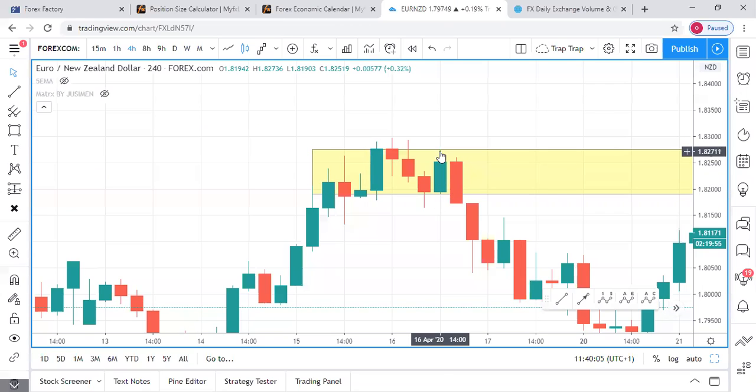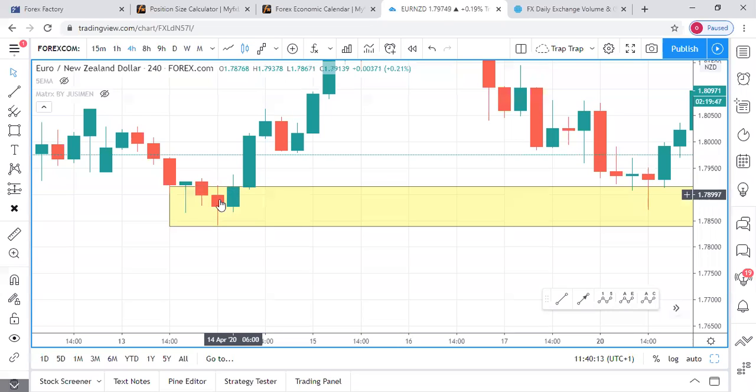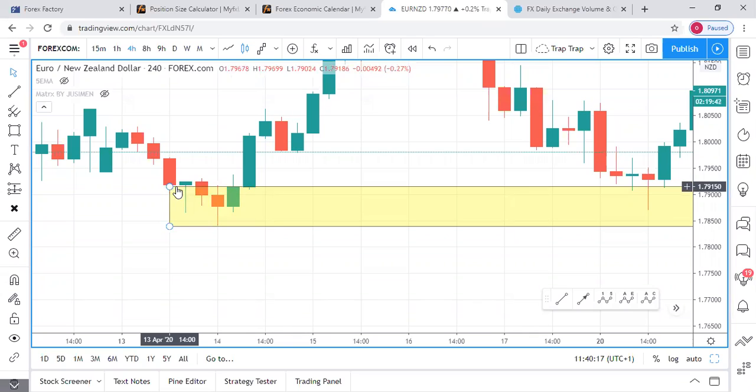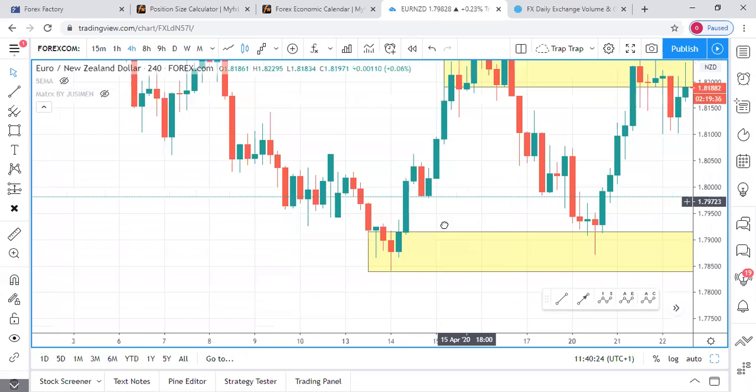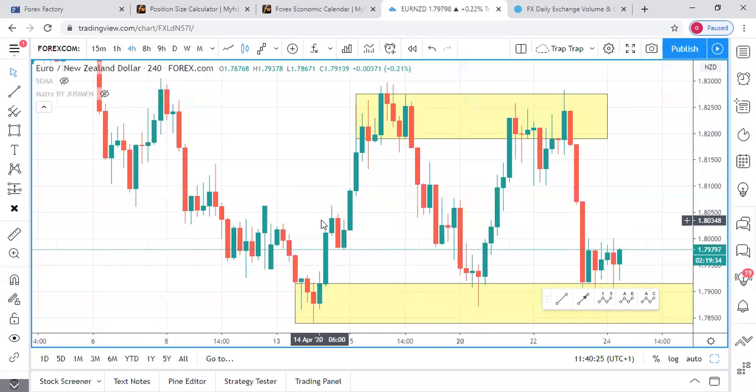It didn't engulf the wick. It engulfed the body, right? But when I'm marking the zone, I'm marking it together with the wick. Notice this one. The body engulfed the body, but it didn't engulf the wick. But when I'm marking the zone, I'm marking it with the wicks, right? So that is that. Remember, I've just given us on only one pair.